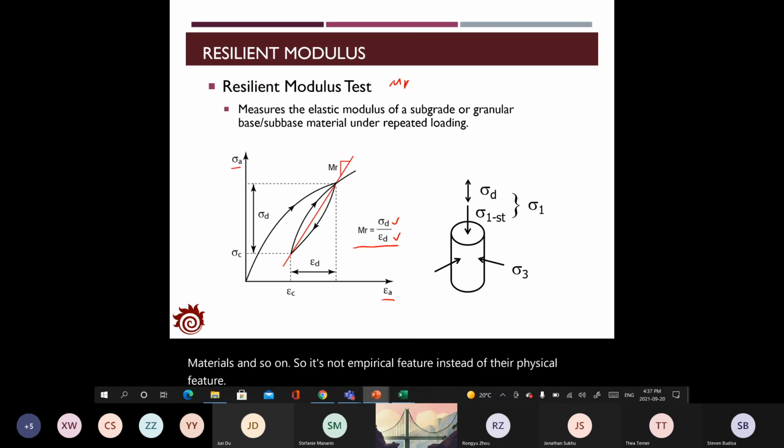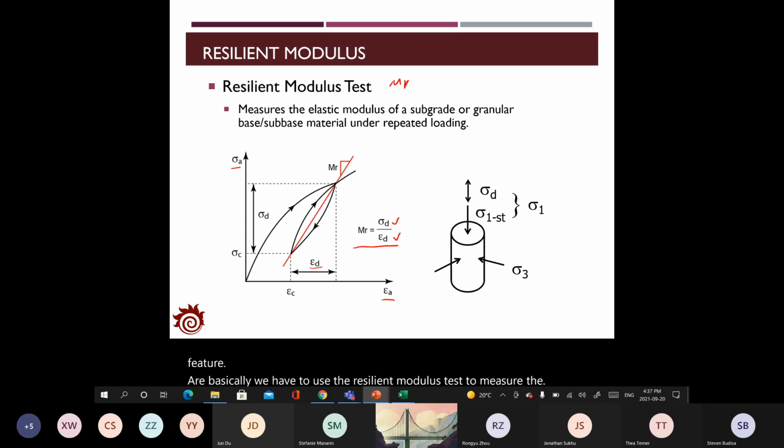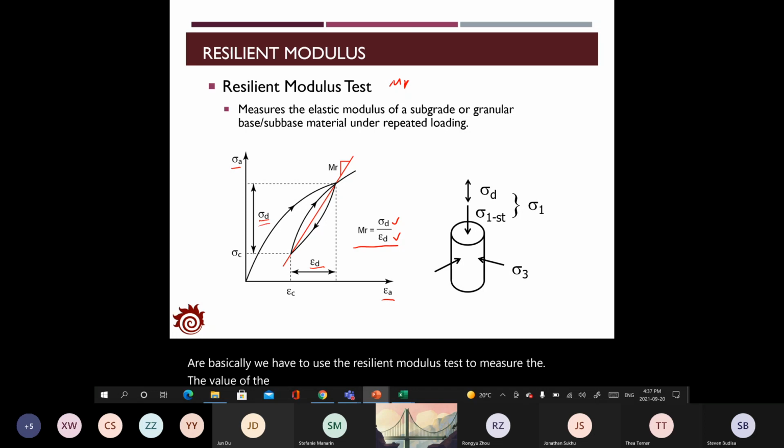Basically, we have to use the resilient modulus test to measure the value of the resilient modulus for one material, the subgrade or the granular-based materials. And to do this experiment, we need to prepare the sample.